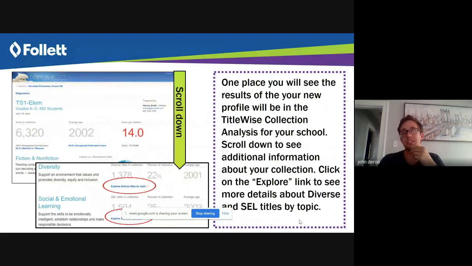I understand that this doesn't do it full justice, but it's all I have right now at the moment. But diversity and social emotional learning will have their own sections in the Titlewise Analysis that are very clear for you to see and take a deeper dive in by hitting explore diverse titles, explore social and emotional learning titles.